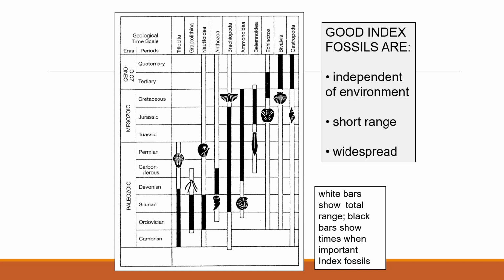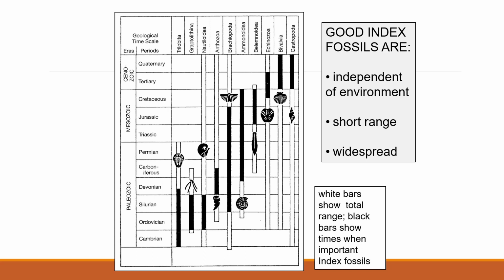But we want it widespread so that it's not limited in its extent, so that we're not only going to see it in certain regions. We want it to be spread throughout the entire region. We use ocean fossils a lot, marine fossils, for index fossils, because they're spread throughout the entire marine environment. We also want to make sure it's independent of environment, so it can't be only found in extremely shallow water and therefore not spread throughout the entire region.